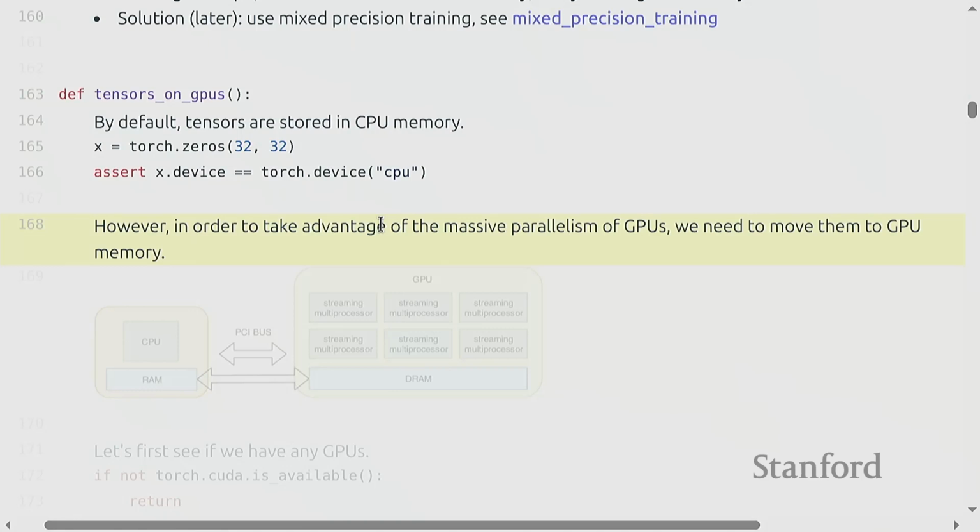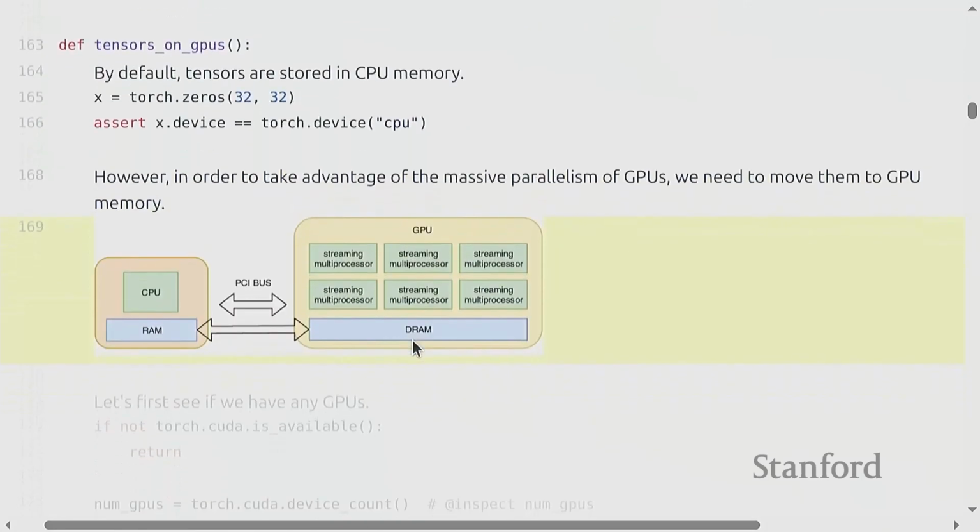So you need to explicitly say in PyTorch that you want to move it to the GPU. To make it very clear in pictures, there's a CPU, it has RAM, and that has to be moved over to the GPU. There's a data transfer, which has a cost and takes some time.